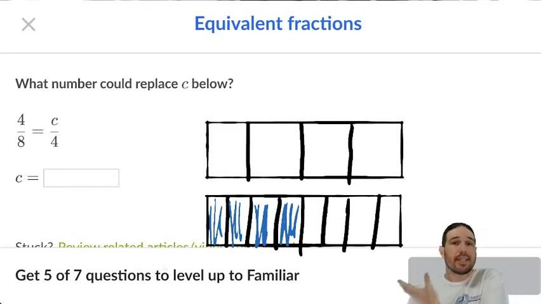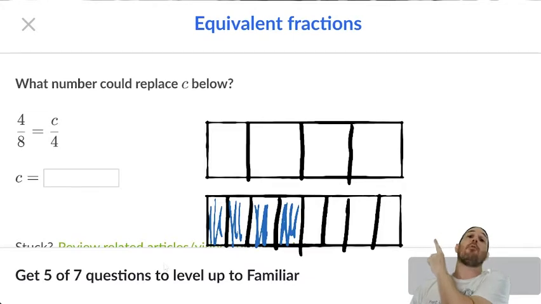How many of these eighths is equivalent to how many of those fourths up top? And once you look at it, it's hopefully pretty clear that the answer is 2 fourths, 2 out of 4.